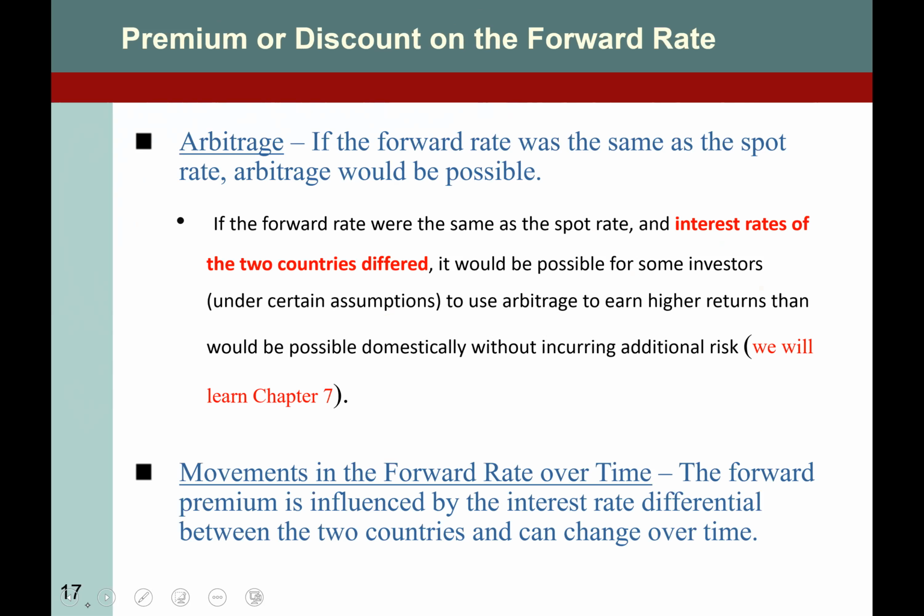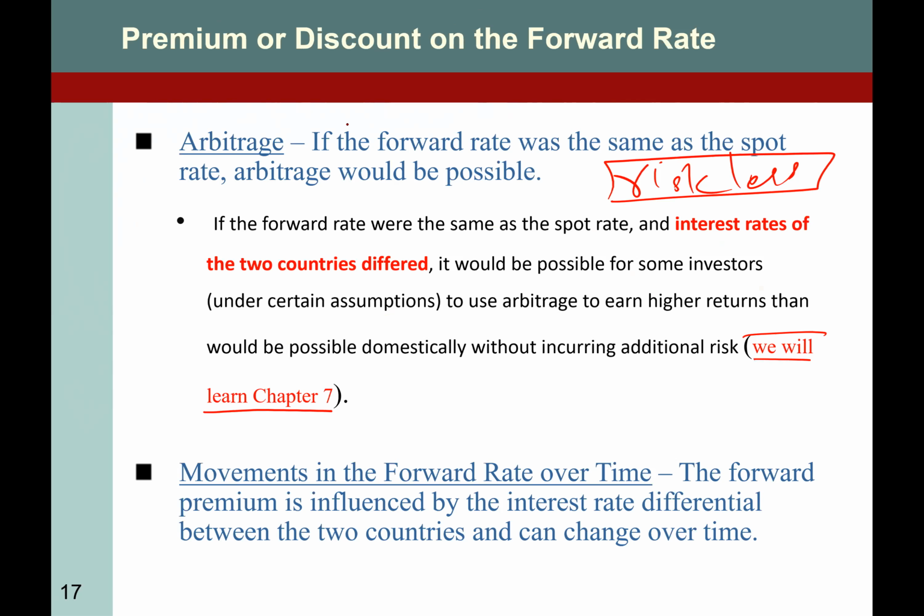Okay, now arbitrage. We will talk extensively about the arbitrage in chapter 7. If you don't understand right now, then don't worry about that. Just try to grasp the concept, and we will eliminate your confusion when we start chapter 17. So arbitrage means riskless profit.